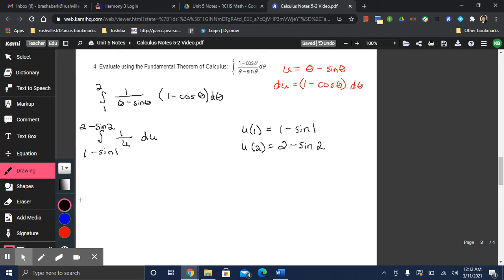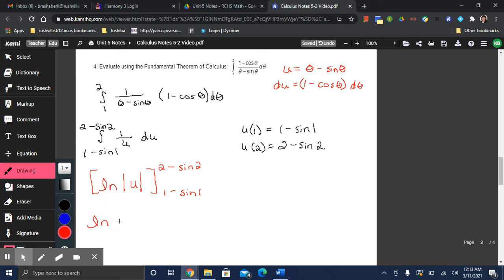And so now I'm ready to integrate. The antiderivative of 1 over u would be the natural log of the absolute value of u, and then this is evaluated on my new limits of integration, 1 minus the sine of 1 to 2 minus the sine of 2. And then I'll just plug those in.